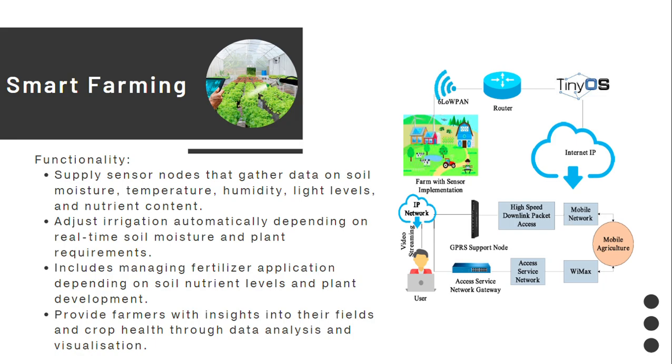And this is the example of a diagram for smart farming system that uses TinyOS. The system will use an IP network for real-time video streaming to the user, using a router and 6LoWPAN as a bridge for the user to see their farm.